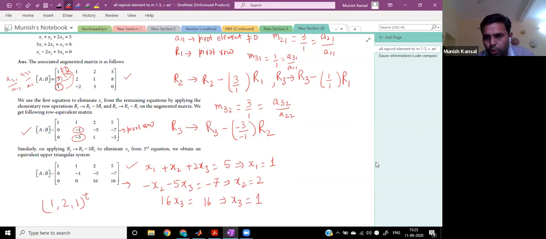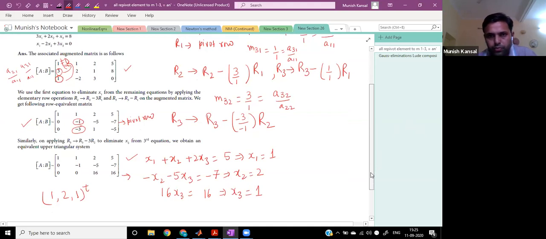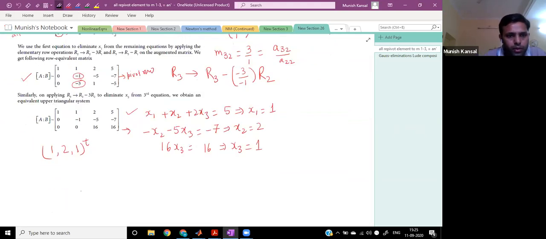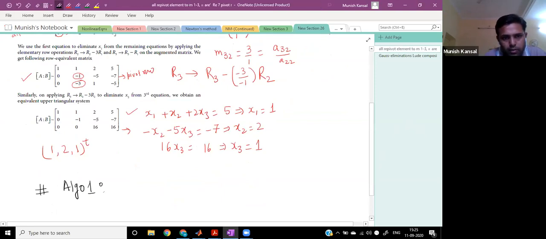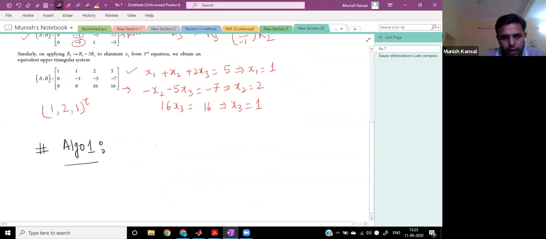Now, what we do here, we first break the coding into two parts, right? First one is algo 1. I call it algo 1 generally. What is my aim in algo 1?